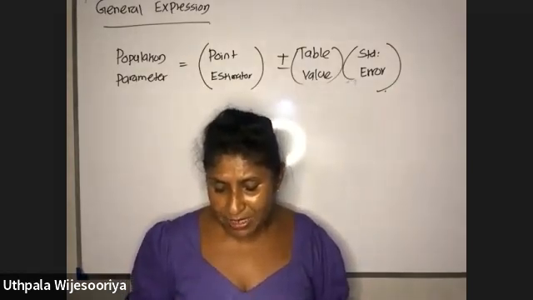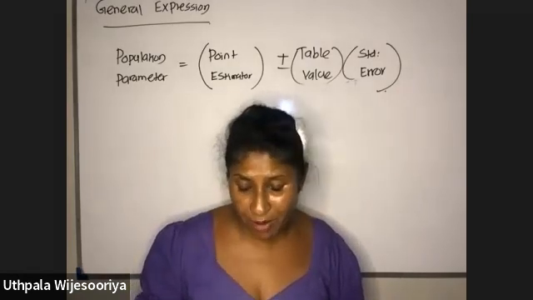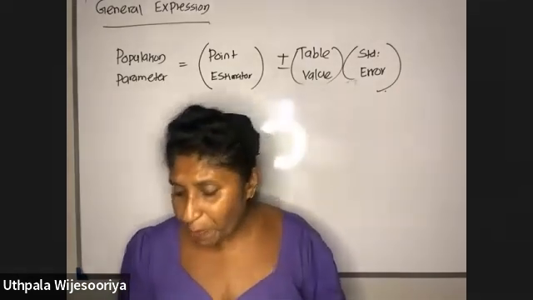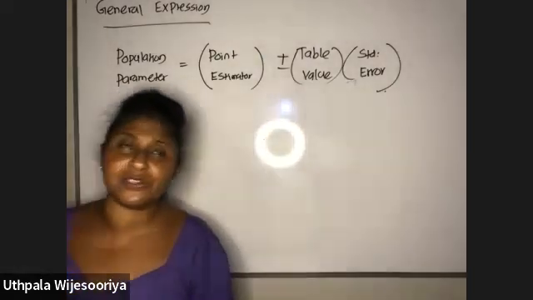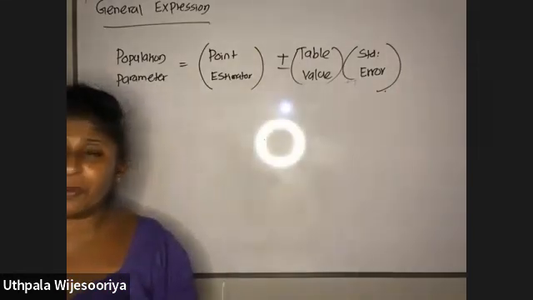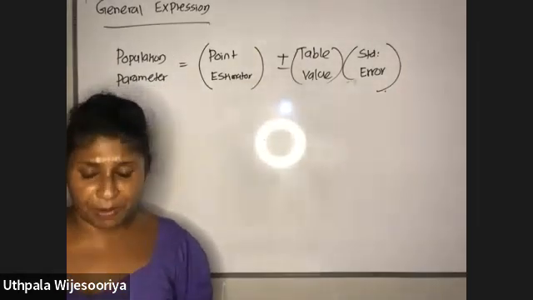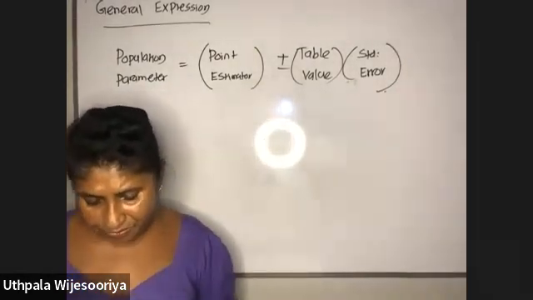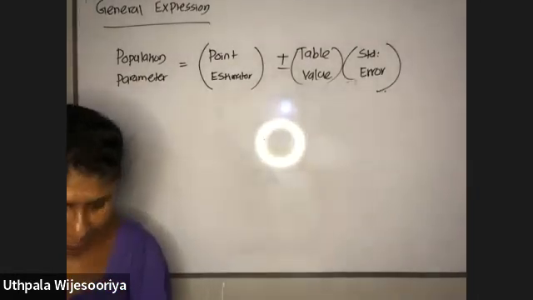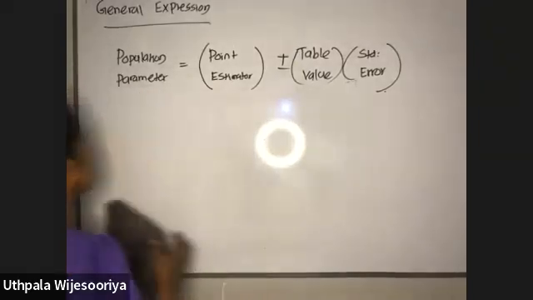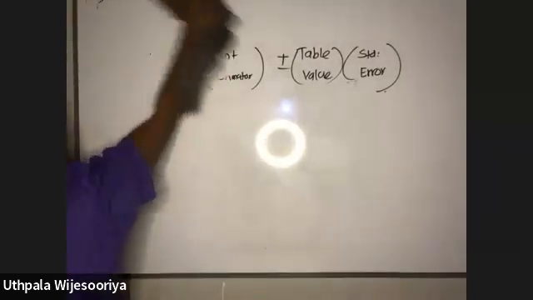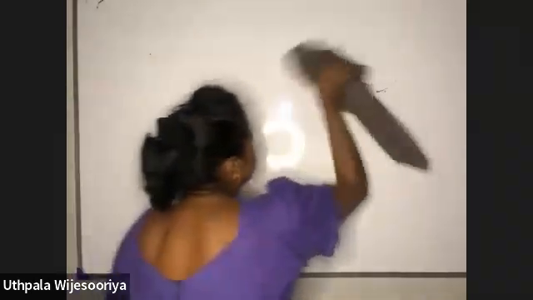Right. Now we'll see what is the most important one: the confidence interval about the population mean. This is the most popular question in question papers. The confidence interval about the population mean mu.